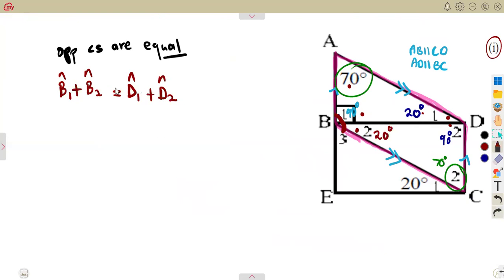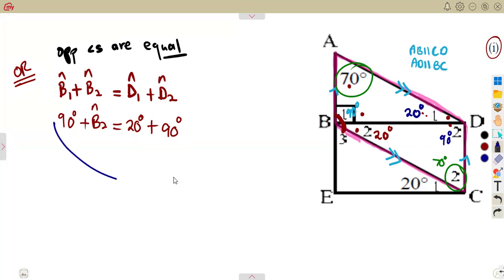You're going to substitute. Remember, we have all these. B1, we have it, which is 90 degrees. So 90 degrees plus angle B2 that we need to calculate is equal to D1 plus D2, which is 20 degrees plus 90 degrees. We want to find B2, so you take the 90 degrees to the other side and it becomes a minus.